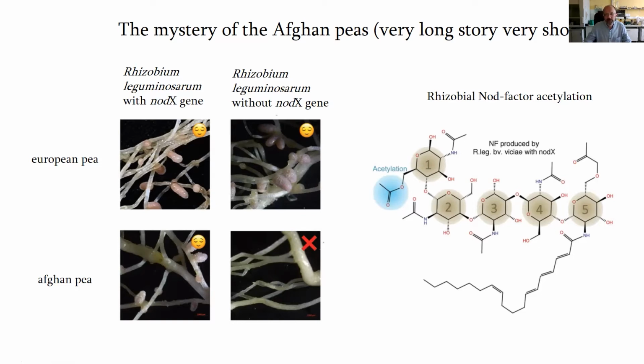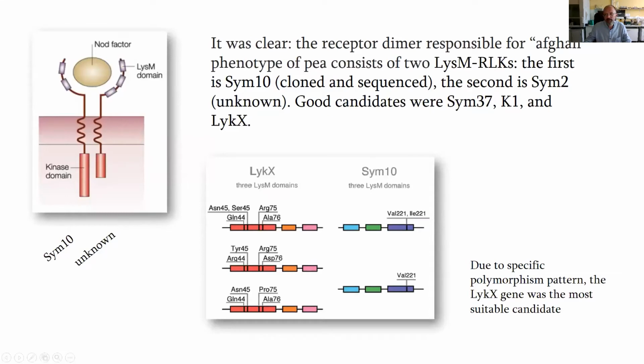From the rhizobial side it is quite clear what the problem is, but the problem was on the plant side, because people know that there is some receptor gene responsible for the differential reaction with acetylated and non-acetylated signal. But until now, the gene called SYM2 had not been cloned and sequenced.